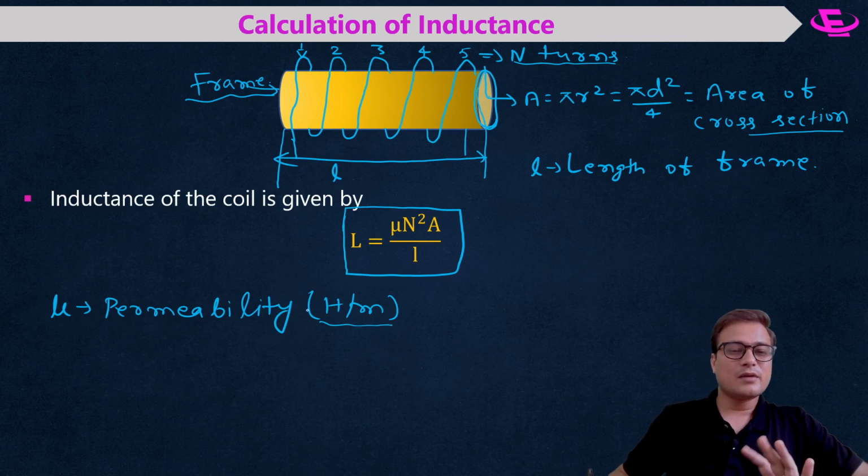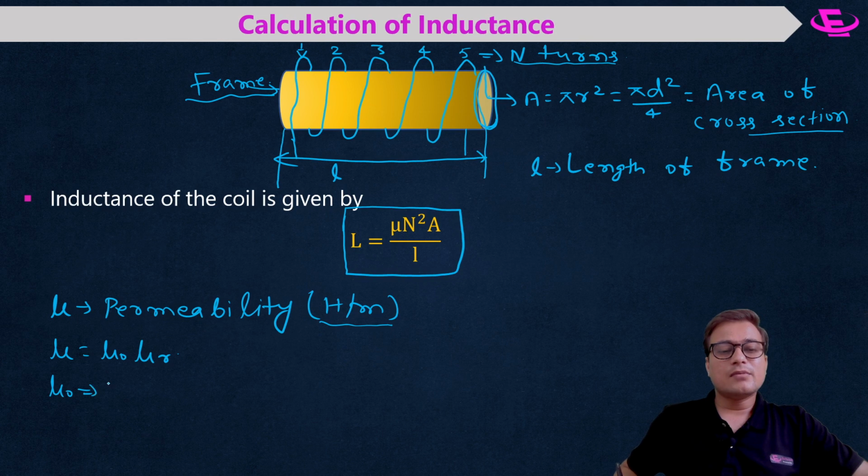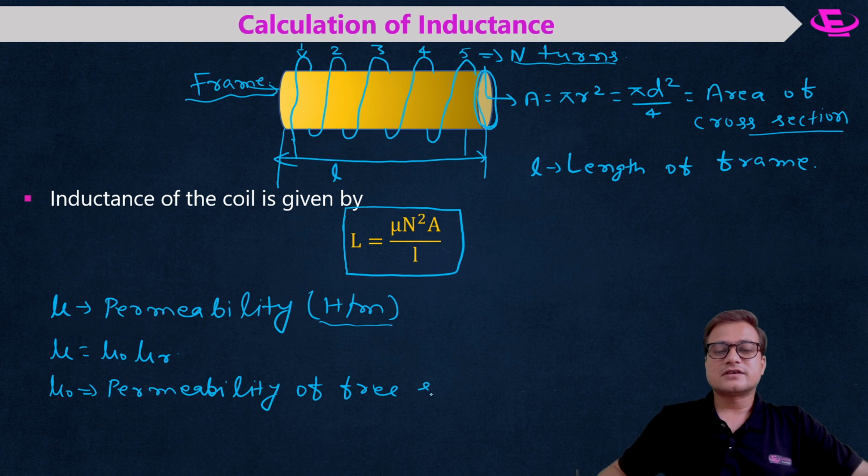Now you write mu equal to mu naught into mu r. What is mu naught? Mu naught is the permeability of free space. What is its value?